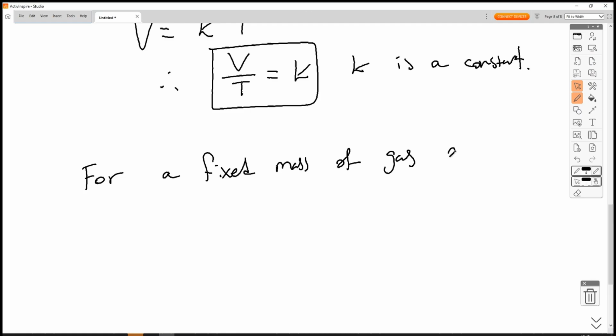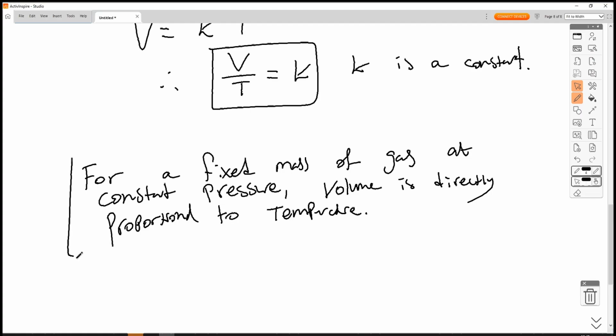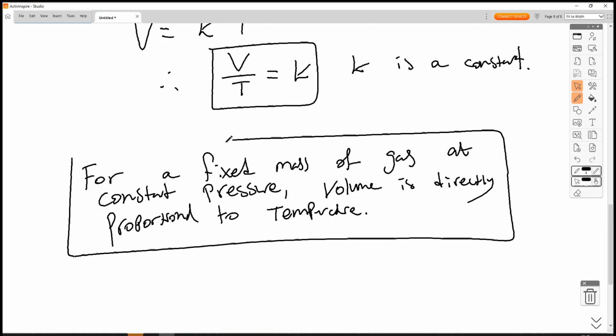So for a fixed mass of gas at constant pressure, volume is directly proportional to temperature. Put a box around that.